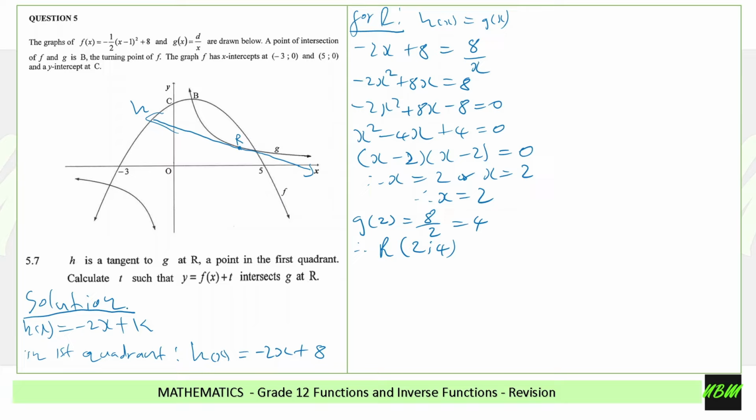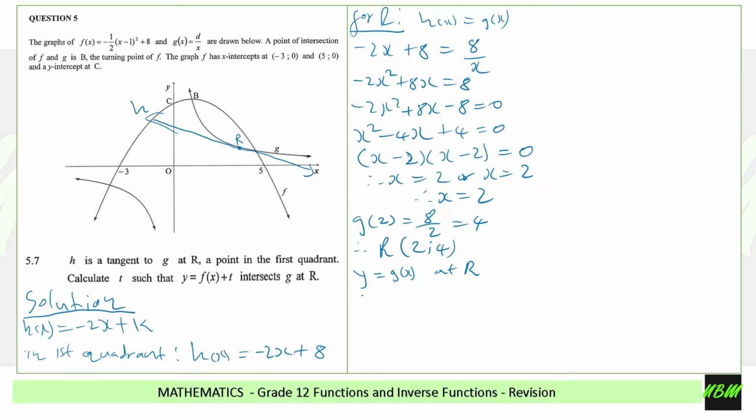We have to calculate t, such that y equals f of x plus t intersects g at R. Meaning where y intersects g at R, y will be equal to g of x. What is y? y is f of x plus t.